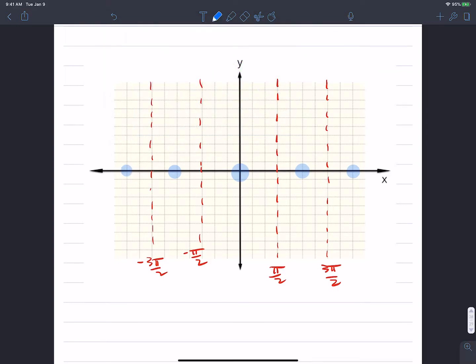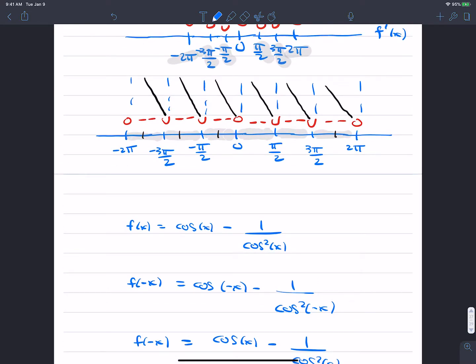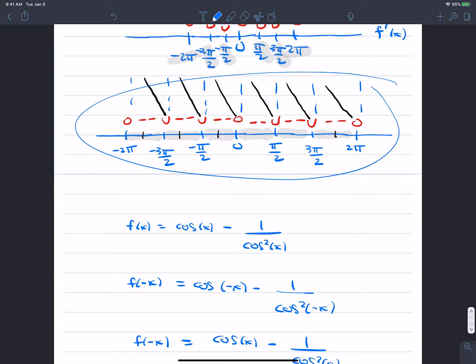This should be pi. This should be what? 2 pi. Double check. Because I want to point out the detail.